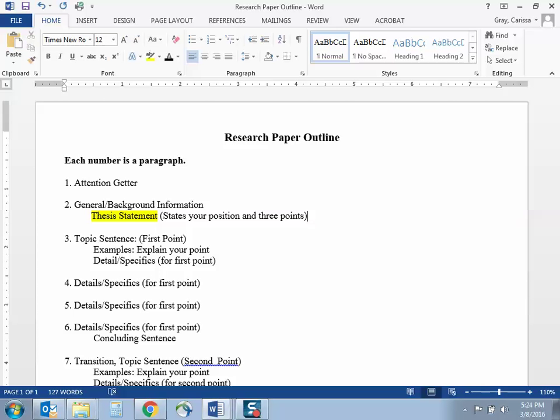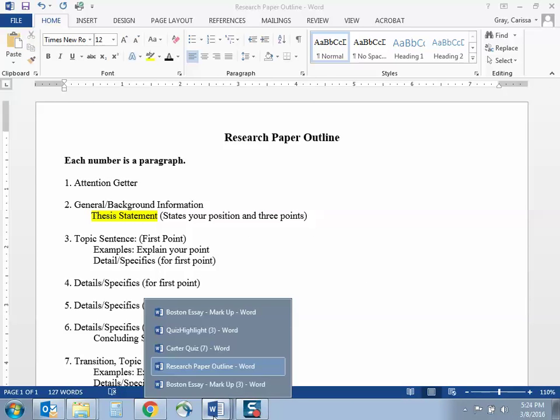If you're against abortion, you should say, the Supreme Court should overturn the Roe versus Wade case because, and give your 3 points. So when I look at your research paper, I should know exactly which sentence is your thesis statement because it's going to clearly state your side and it's going to give me 3 points. So this is 2 paragraphs that you have so far.